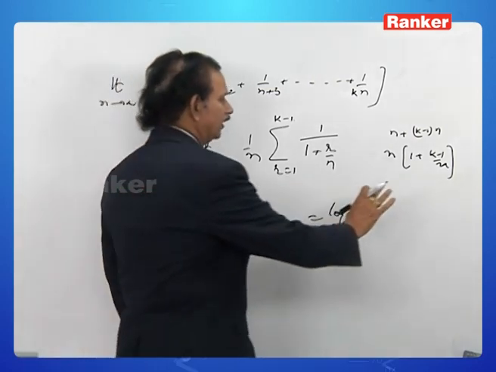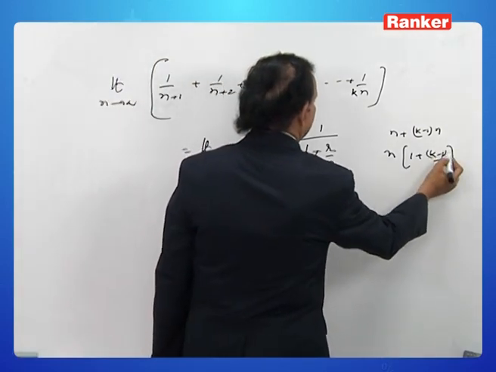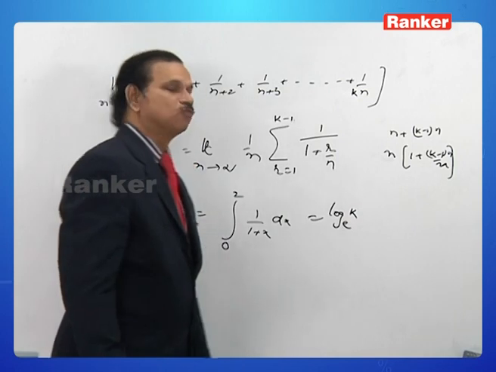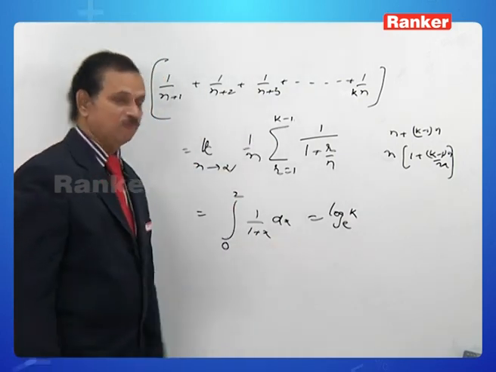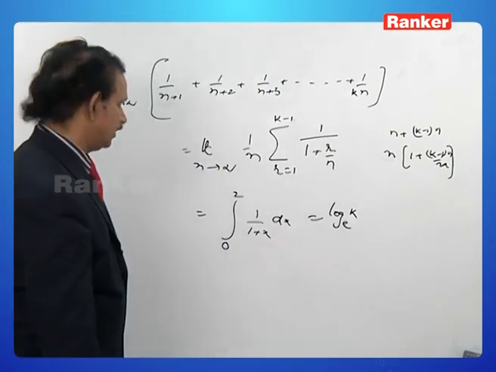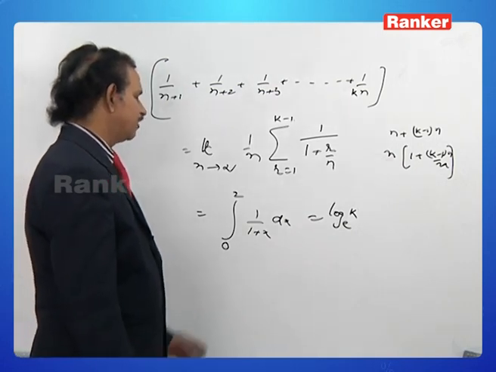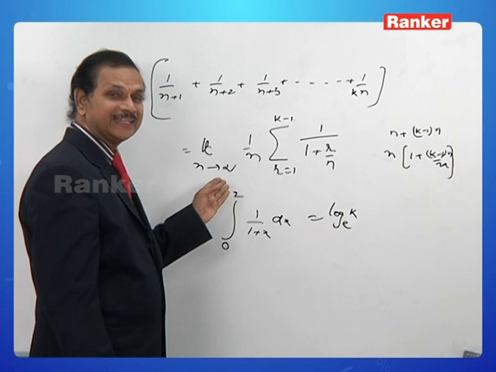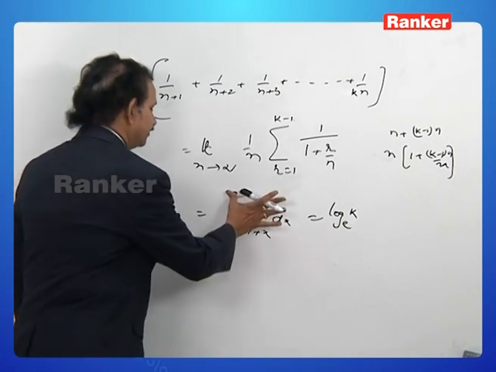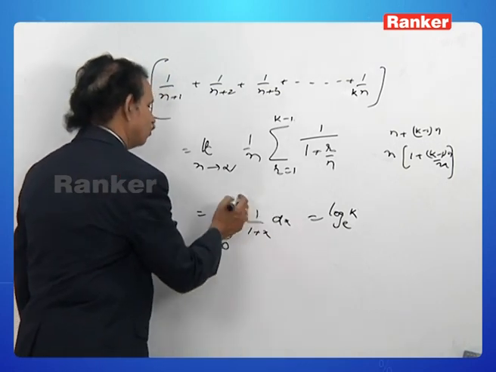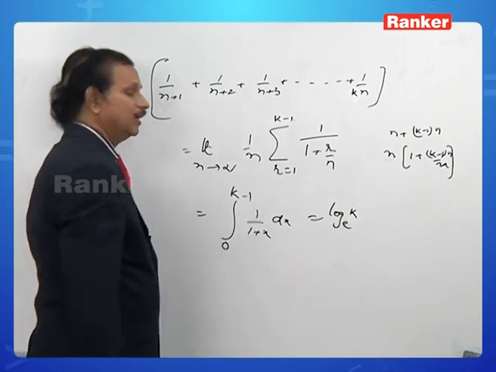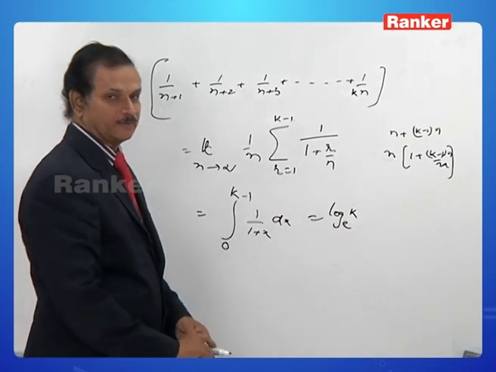K minus 1 into n by n. That is why r runs from 1 to k minus 1. Hence, the limits will be 0 to k minus 1, and hence it is k minus 1 plus 1, log k to the base e.